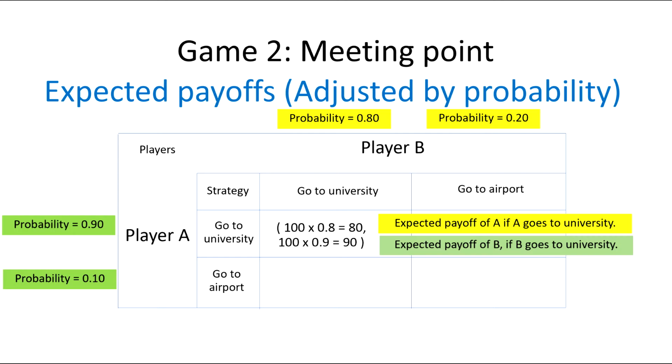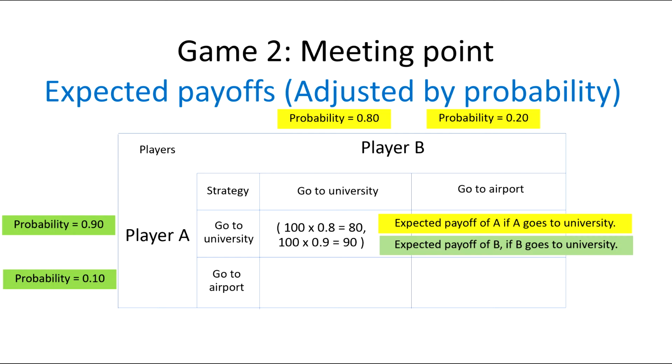Therefore, the payoffs of player A depend on the probability of player B. Another example, the expected payoffs of player B depend on the probability of player A.